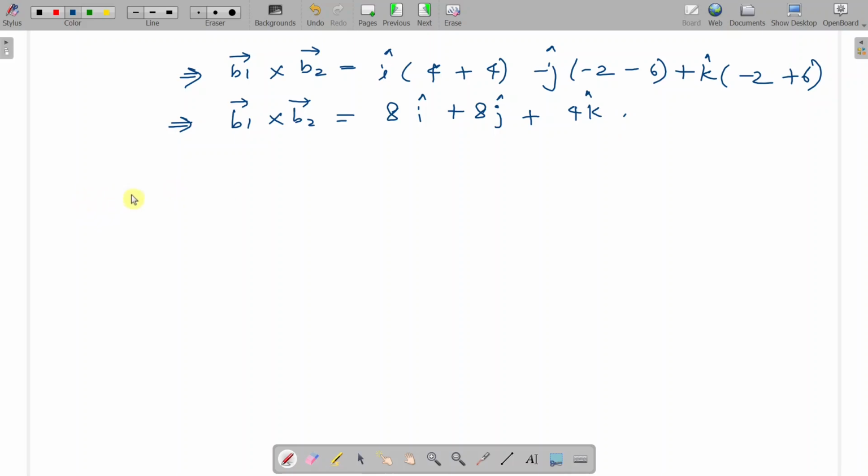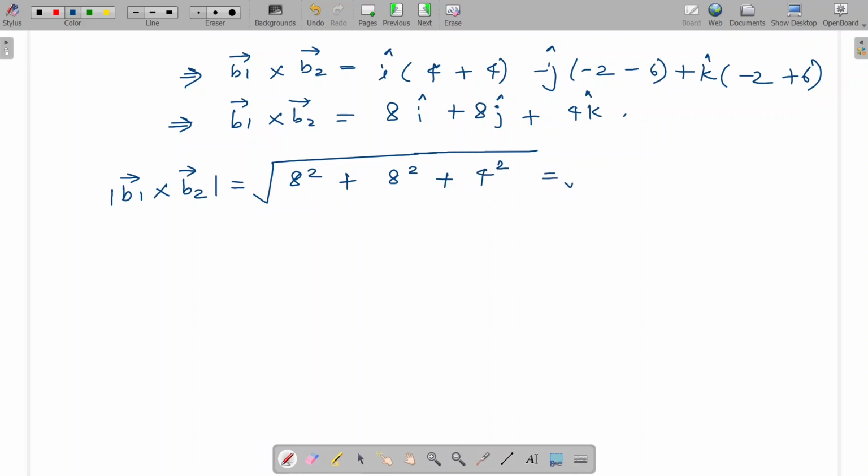Alright, so this we have here. Now after finding b1 bar cross product b2 bar, we have to find the magnitude of the same vector, magnitude of b1 bar cross product b2 bar. So that is nothing but root of 8 square plus 8 square plus 4 square, that is root of 64 plus 64 plus 16.